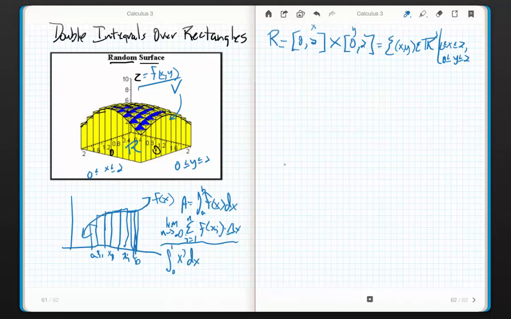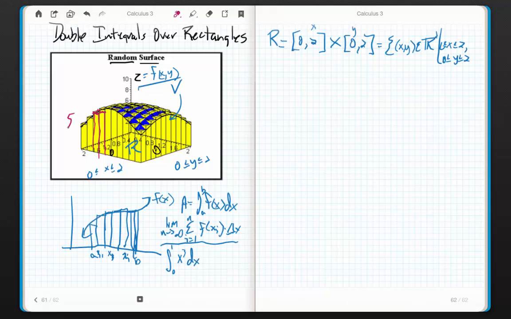Okay, now here's the tricky part. So let's look really closely. Let's change colors. I'm going to grab one of these rectangles in here. Let's grab this guy right here, okay? If you think about it, look at that rectangle. What is the height of that rectangle?